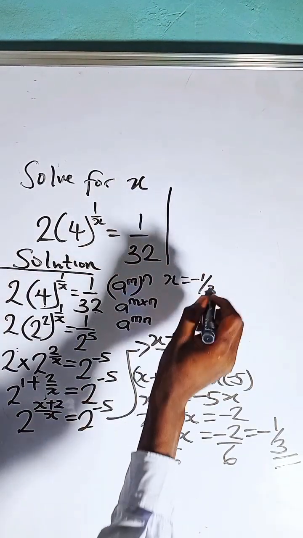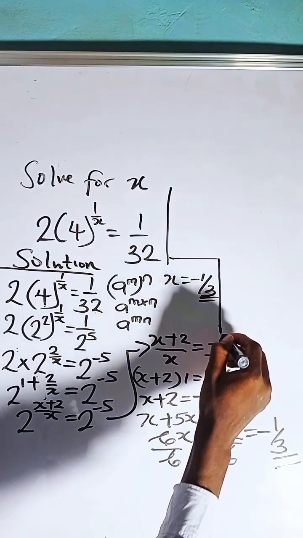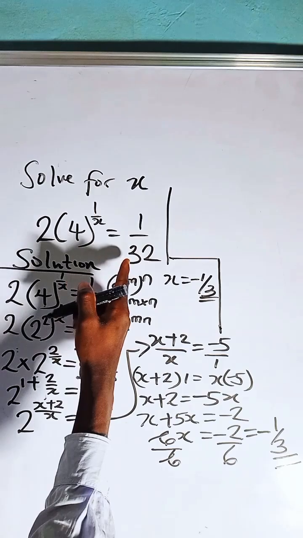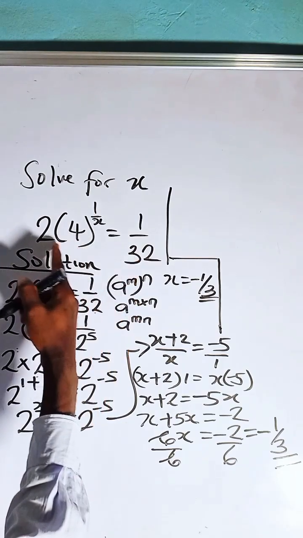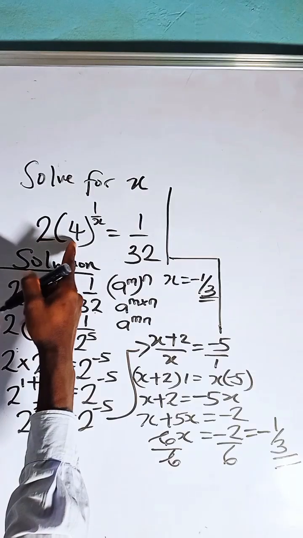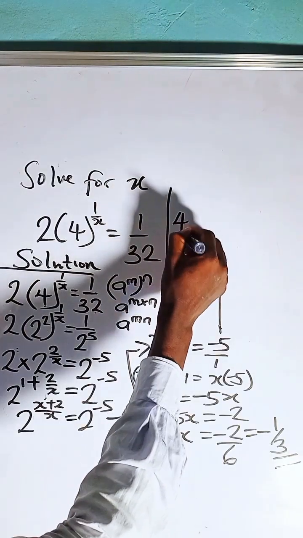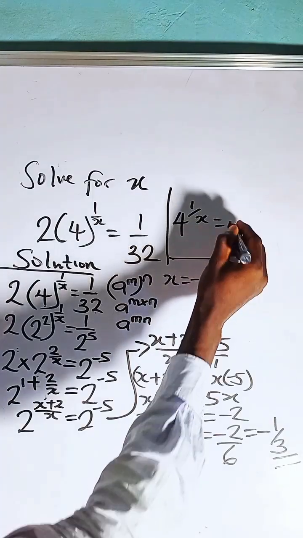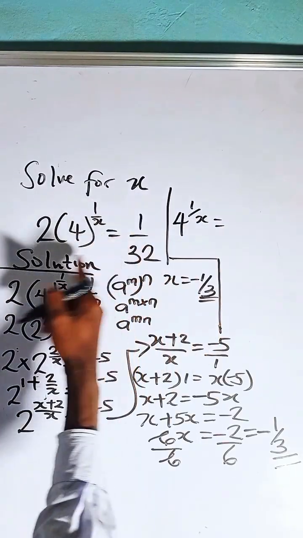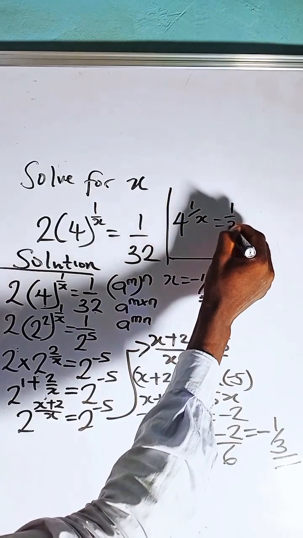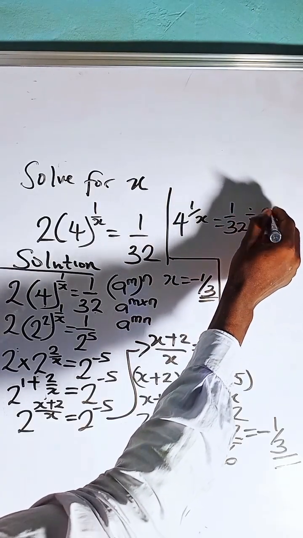So let's call this method 2. Now when we look at this equation, let us divide both sides of the equation by 2. When we do that, we have just 4 raised to the power 1 over x equals, since we divide this side by 2, the 2 is out already, so we have 1 over 32 divided by 2.